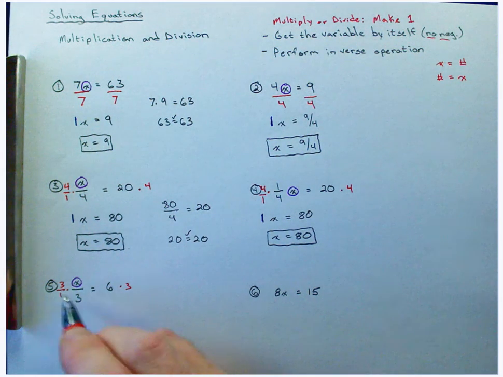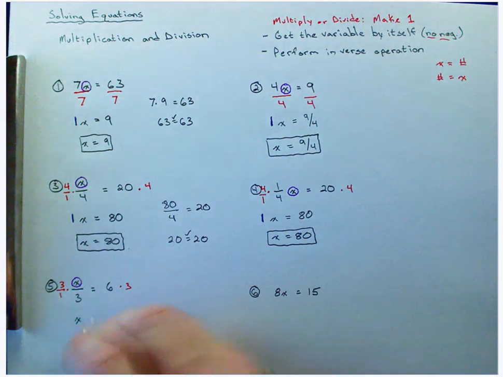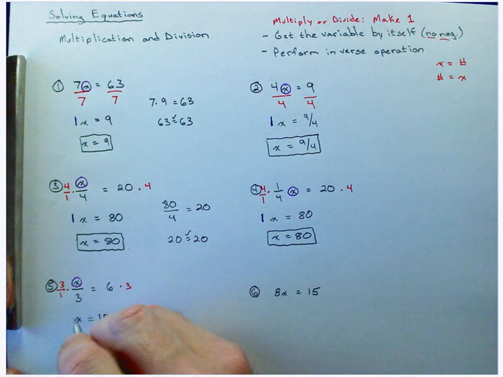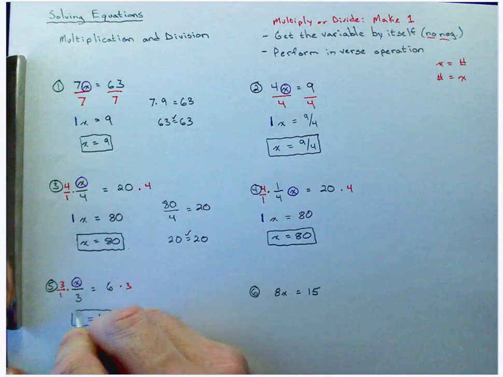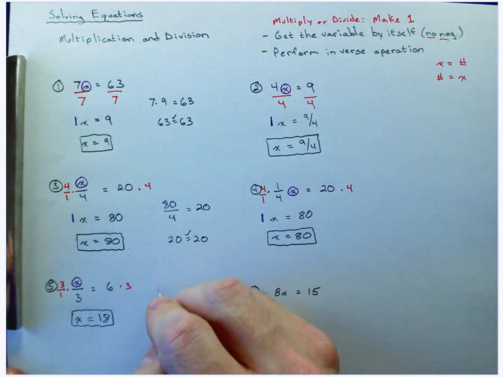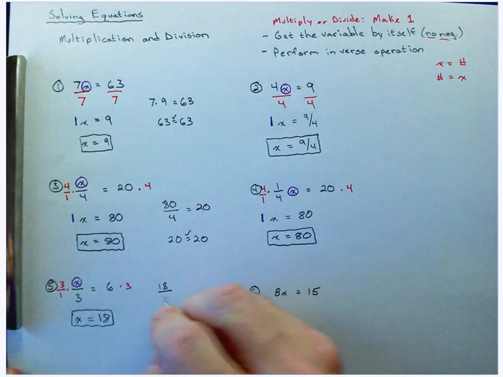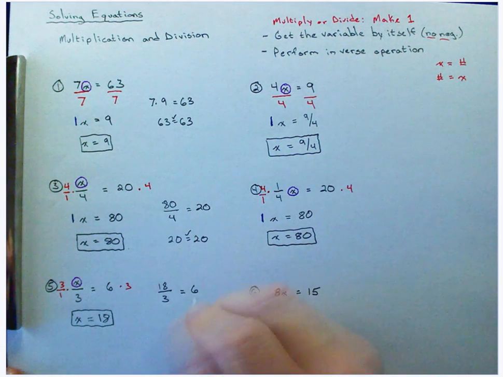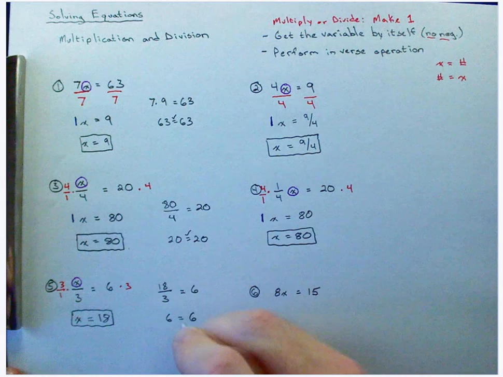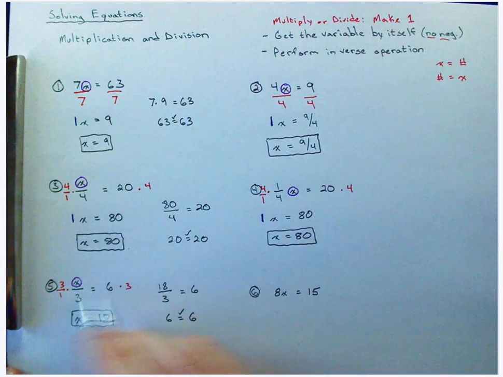This is just visualizing. If you just write times 3 over here and you see that they cancel, there's nothing wrong with that. I'm not going to write my 1 this time, because 1x is the same as x. So I end up with x equals 18. Plug it in. Does 18 divided by 3 equal x? Yes, that is correct.